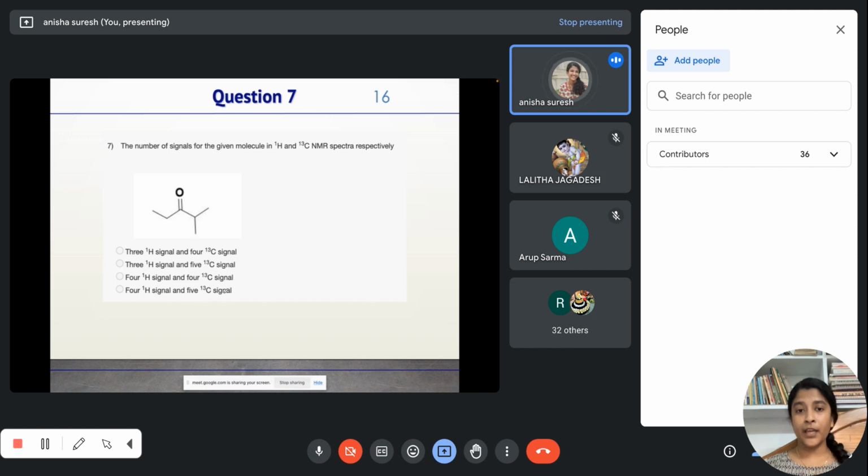So we have to see how many distinct carbon atoms and how many distinct protons will be coming. According to that, we can predict the number of signals of proton and carbon.